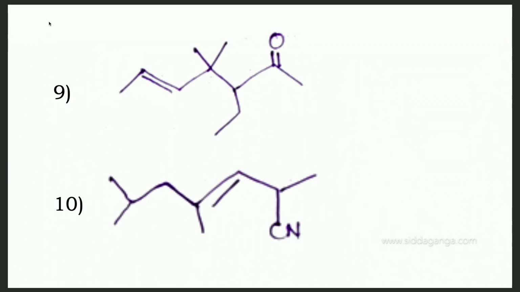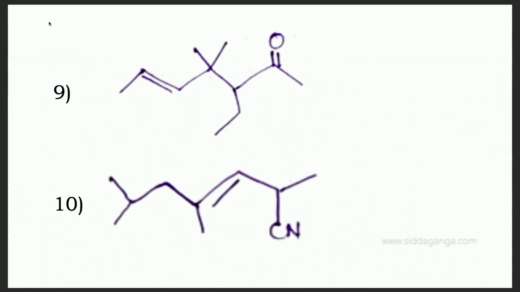So the 9th one was a compound given. Here it is extended up to these 3 bonds, and here is an ethyl group, and here are 2 methyl groups, and here is a double bond oxygen, and here is one more double bond.